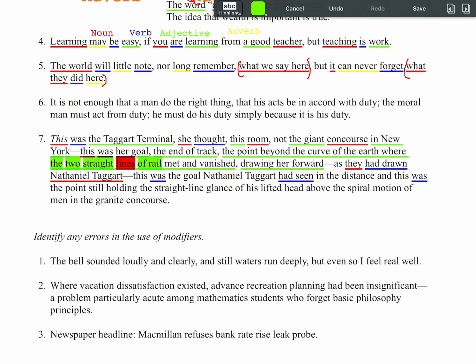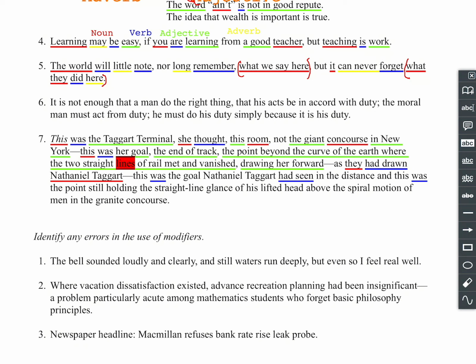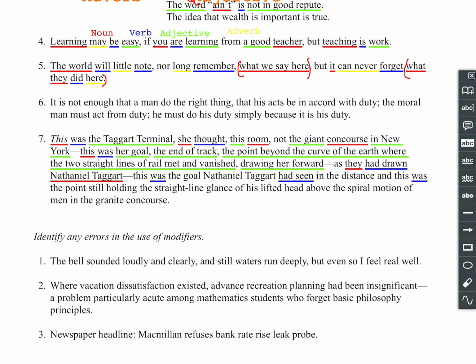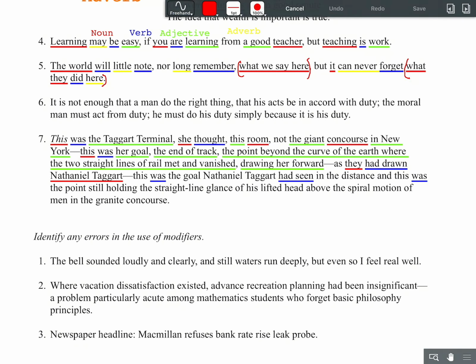That's unfortunate. That makes the colors super confusing. So I'm actually not going to do this, because then I won't be able to read my underlines. So I'll just have to use freehand.